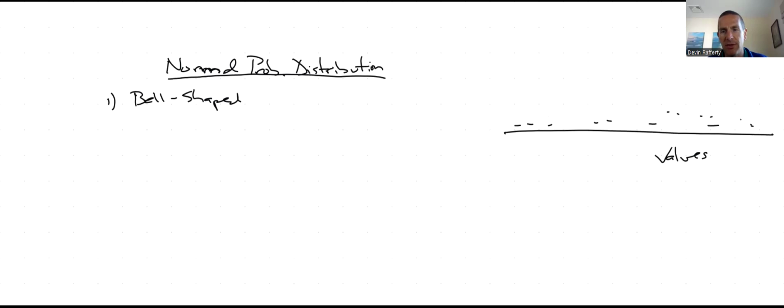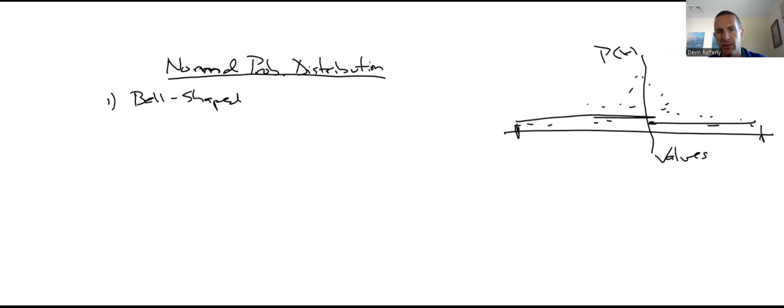These values, not very likely. These values, not very likely. But these values, very likely. Everything towards the center is likely to happen.